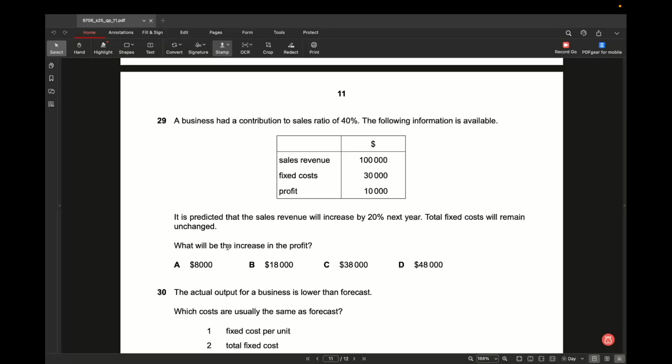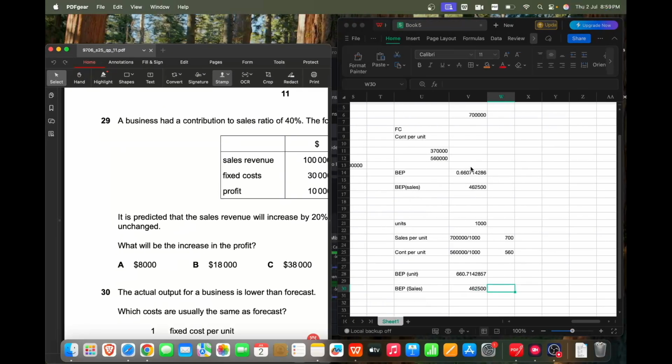What will be the increase in the profit? We can use the contribution to sales ratio to calculate the contribution first, and then from there we subtract the fixed cost to calculate the profit, and we'll get the same profit as we know. Okay, but there is an alternative to that. I'll show you both the ways.